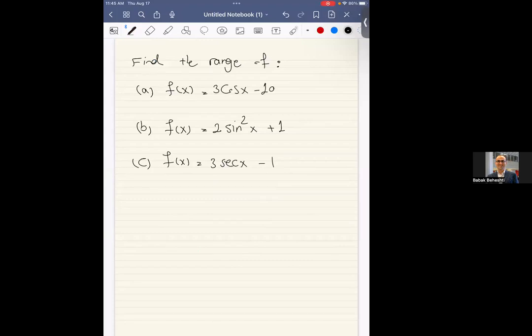So for the first part, what is the range? Alex, tell me.